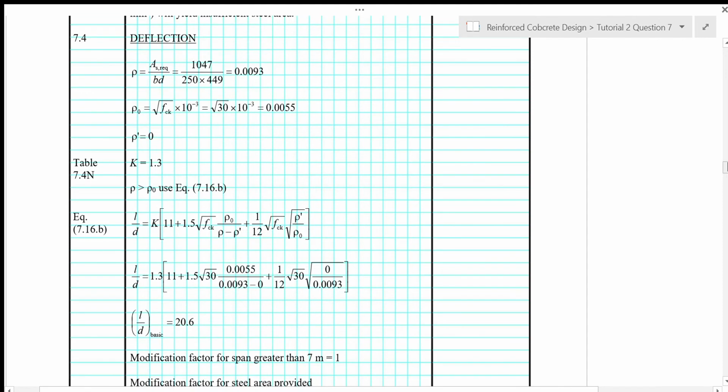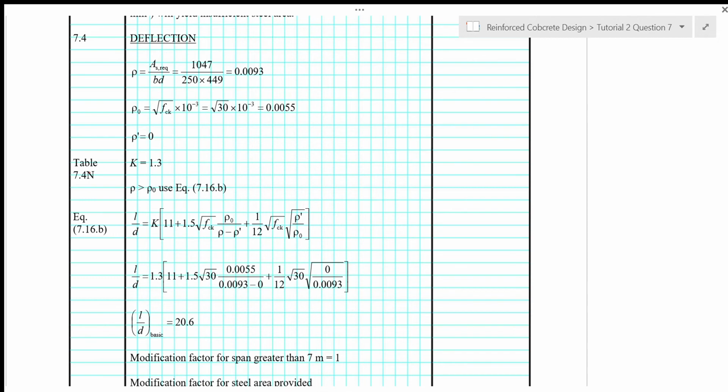Next, we calculate the deflection for span AB. So we calculate rho, which is equals to As required over bd, to give 0.0093, and then rho 0 is 0.0055, and then there is no compression steel required, so rho prime is 0. And then from table 7.4n, for the end span of continuous beam, we use K of 1.3.